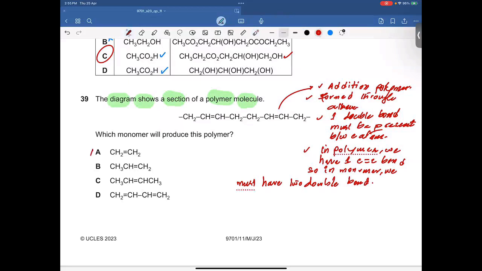This is going to be incorrect because we have only one. This is incorrect, we have only one. This is incorrect, we have only one. But this is correct because we have two double bonds. So how can I make this structure? Let me show you.